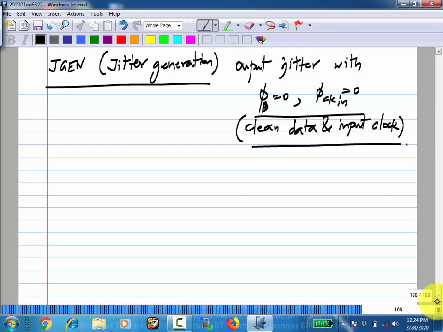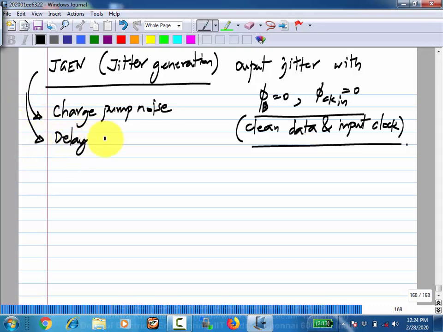So how would we calculate this? First of all, what are the things that contribute to this one? In this case, we basically have the charge pump noise and delay line noise, which can be expressed as phase noise, right?